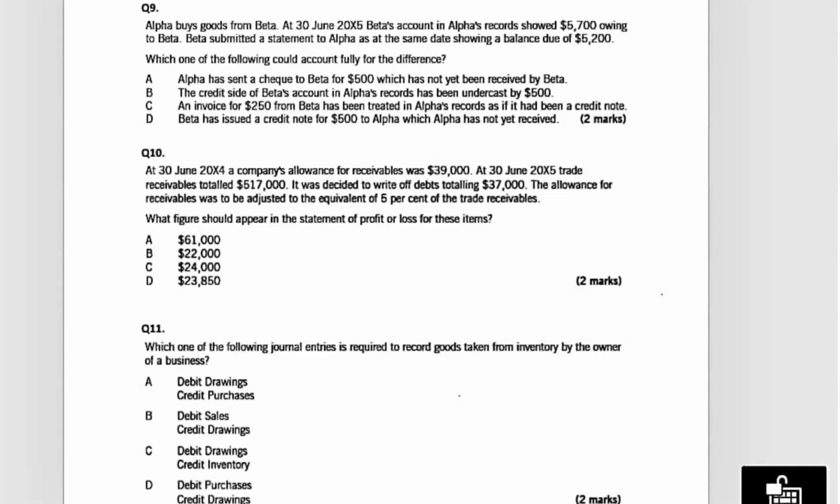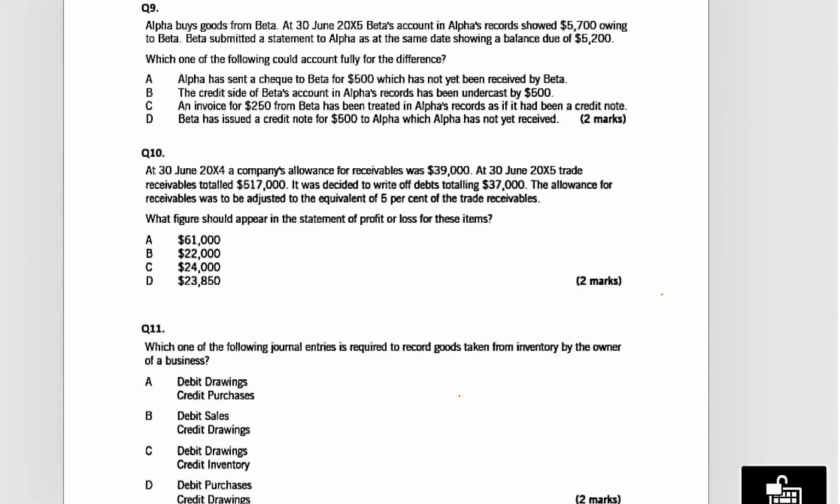Before you go to question number 10, sir, if answer A was that Alpha has sent a check to the bank account of Beta, which Beta has not yet received, could it be an answer? Okay, there is a question to the class. Could that be an answer?